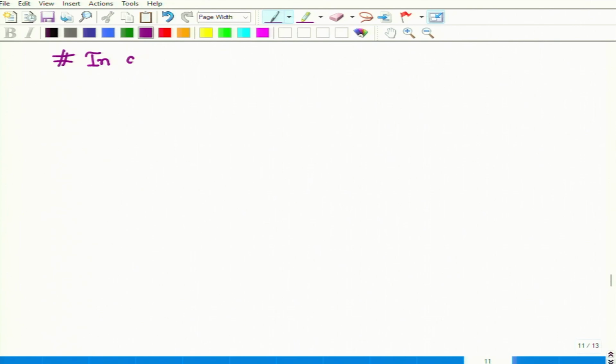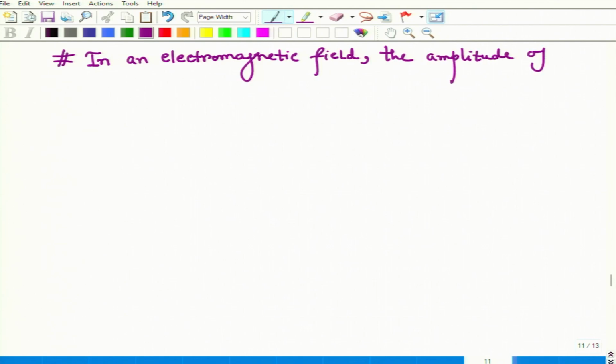In an electromagnetic field, the amplitude of the electric field at a point is 3 volt per meter.